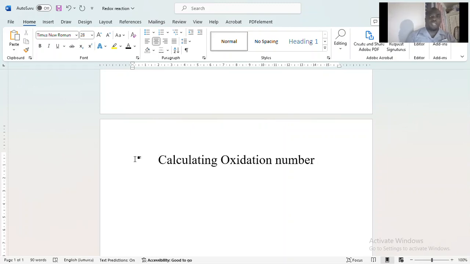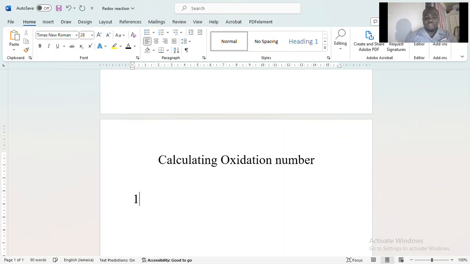Is it losing electrons, gaining electrons, things like that. And so one way to narrow it down is to be able to assign oxidation numbers. If you can calculate the oxidation number, you should be good in terms of using that knowledge to determine if a substance is being oxidized or reduced.